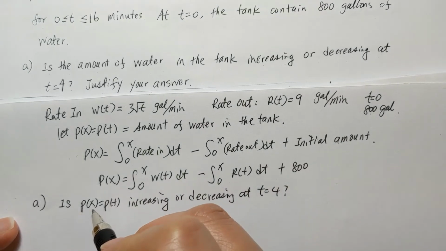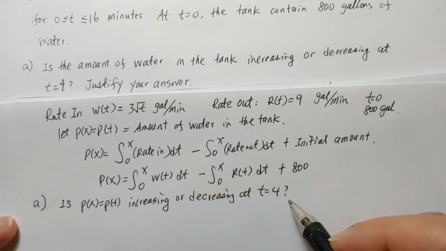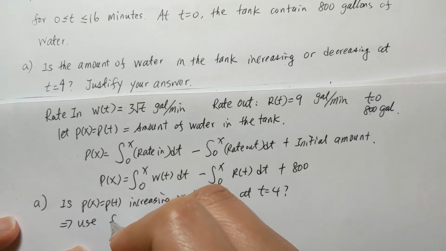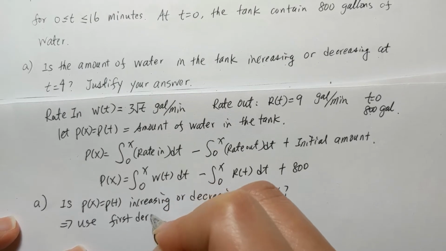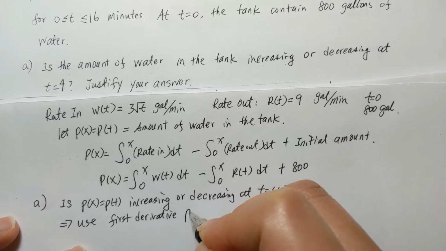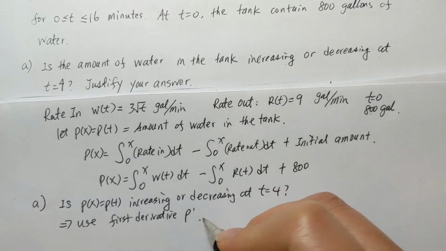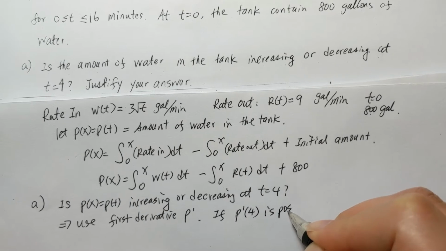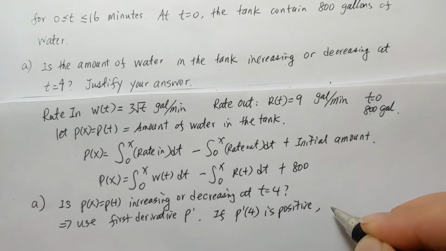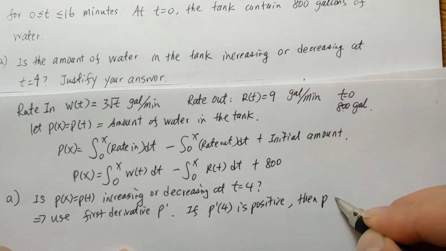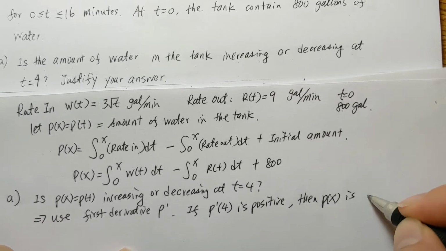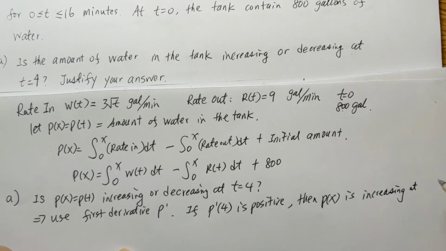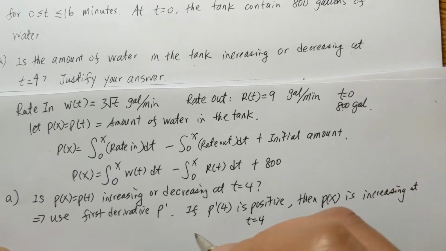So if we want to find whether a function is increasing or decreasing at a time t equals 4, that means we need to use the first derivative, P prime. If P prime of 4 is positive, then P of x is increasing at t equal to 4.